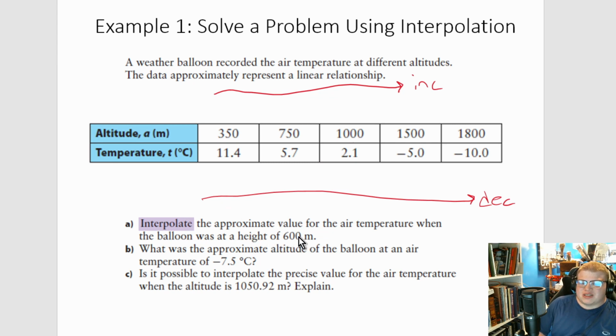So when we're given 600, the reason it's interpolation is because it's between these 2 points we already know, so 750 and 350. Now, you could just pick an estimate based on the distance, but one way to really get a bit more of an accurate estimation is to approximately or quickly find what halfway is. So to find halfway, you're just going to subtract the larger value by the smaller value.